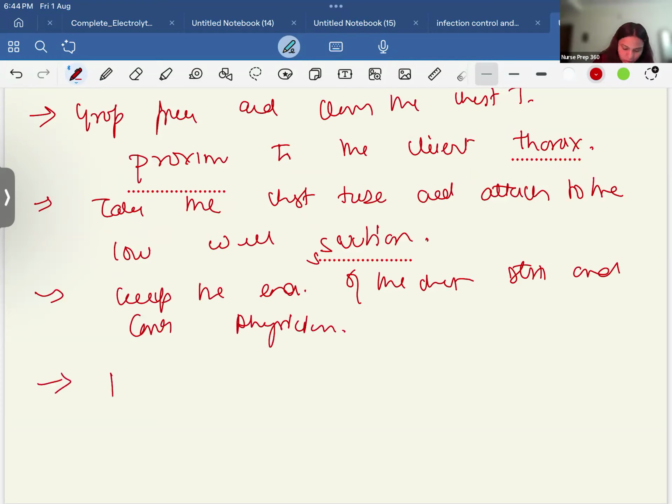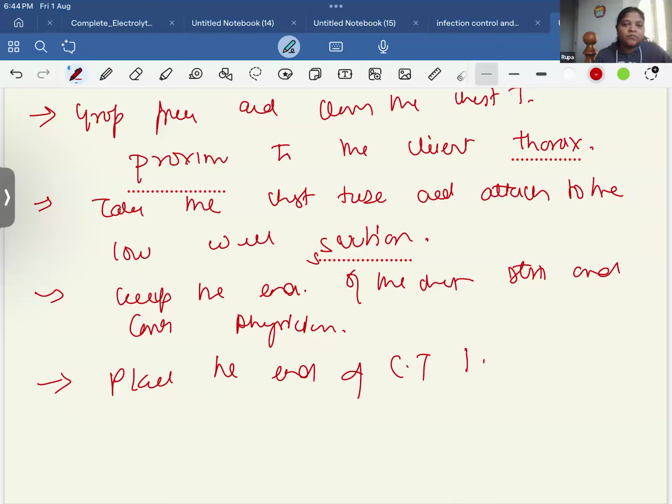Next, place the end of chest tube in container of sterile water. Fourth one, ma'am. What is the answer? Fourth one.